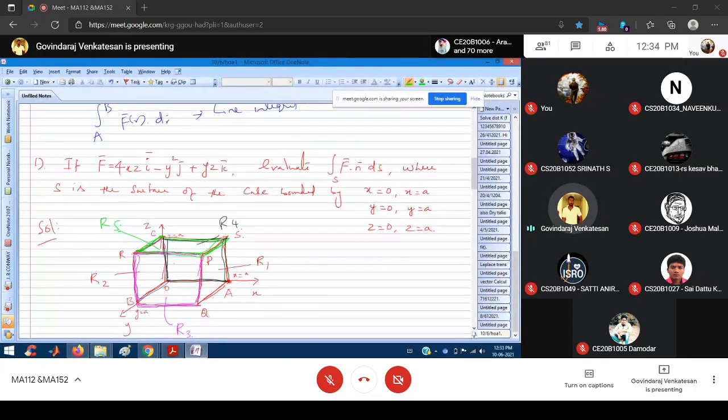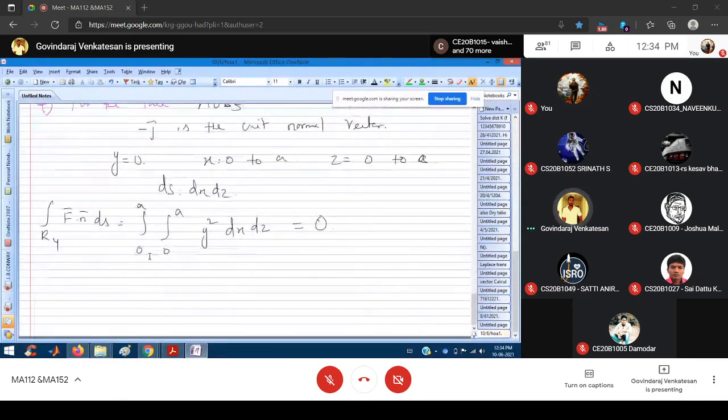What is the normal vector on this R5? K cap. What is the value of z on this R5? Z is a. x is varying from 0 to a, and y is also varying from 0 to a.